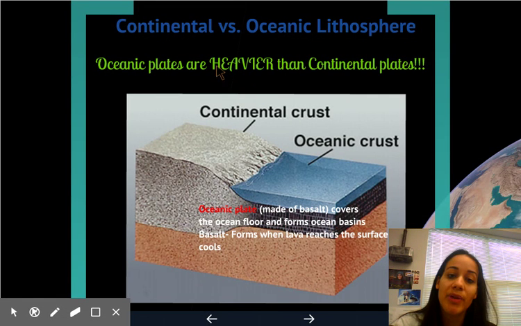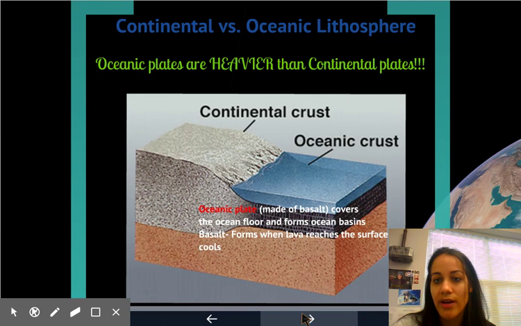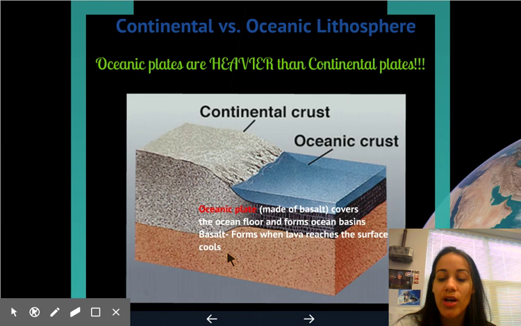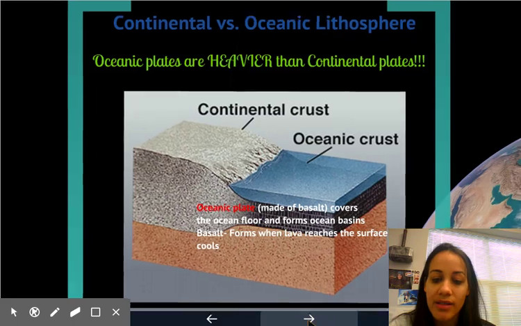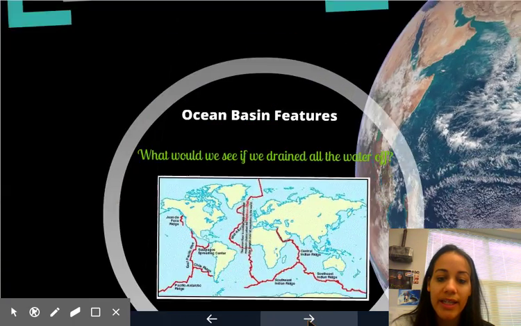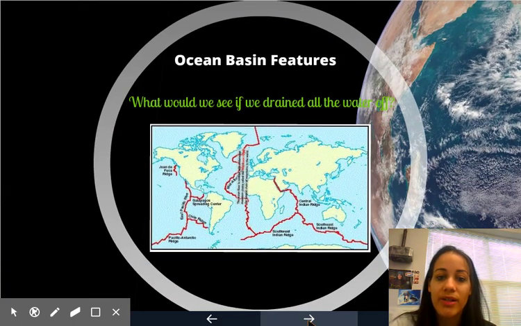So oceanic plates are heavier than continental plates. The oceanic plate is made up of basalt and covers the ocean floor, forming ocean basins. Basalt forms when lava reaches the surface and cools. So there are a lot of erupting underwater volcanoes, and we're going to talk about how that happens in just a bit.